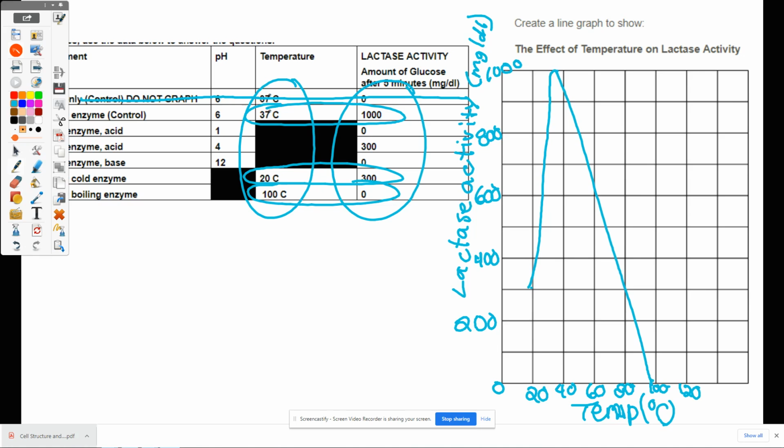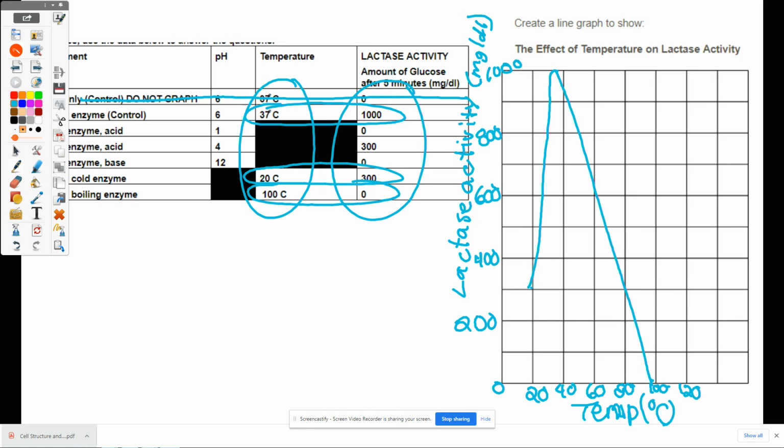And when they slow down, they have less of a chance of the enzymes running into the substrate. So we have less and less reactions occurring. But as we heat it up and we get hotter and hotter and further away from a functional range, we start to see the enzymes change shape. The bonds in those molecules, in the amino acids that make the enzyme, change, and they change shape.